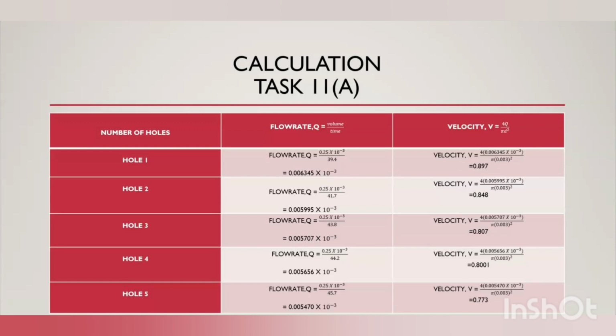We got 4 times 0.006345 times 10 power of negative 3 divided by pi times 0.003 squared, where 0.003 is the diameter of the pipe, and we got the value of velocity is 0.897. For the following holes 2, 3, 4 and 5, we just insert the data from the table above.